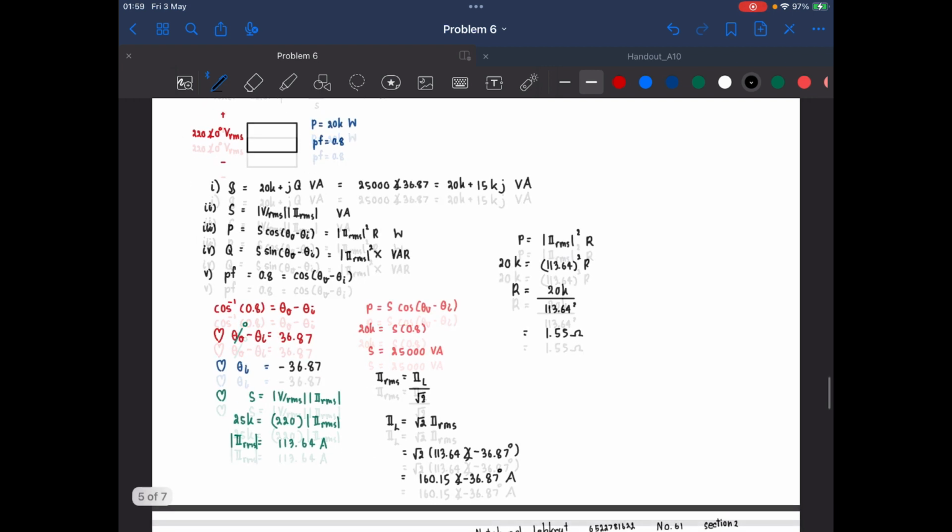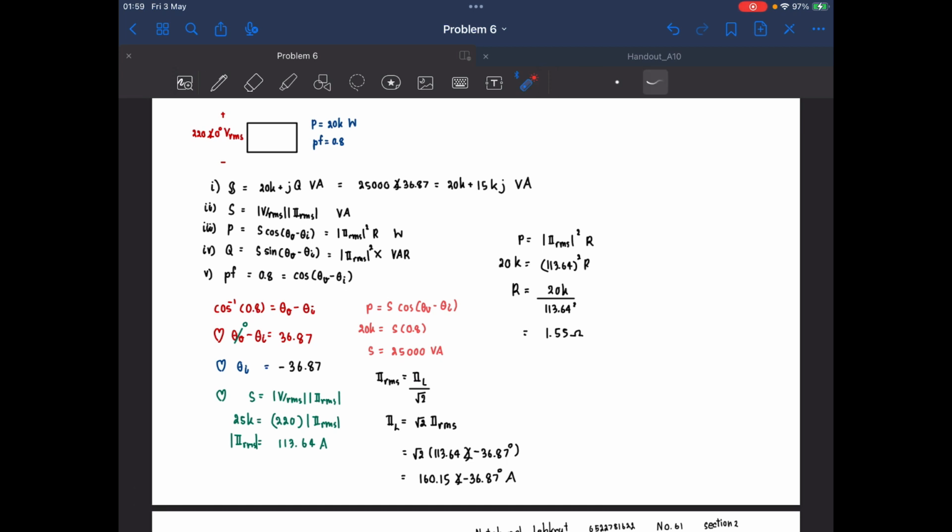And then for the imaginary part, we're gonna use Q is equal to this value, and then we know that the Q we've got from here. So Q is equal to I squared X. So X will be equal to this one.